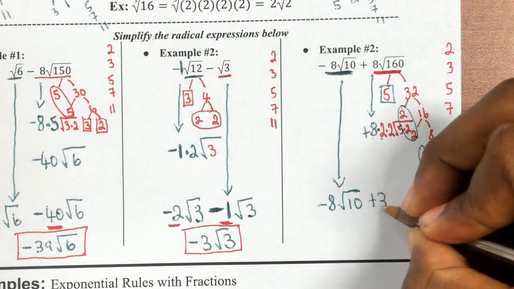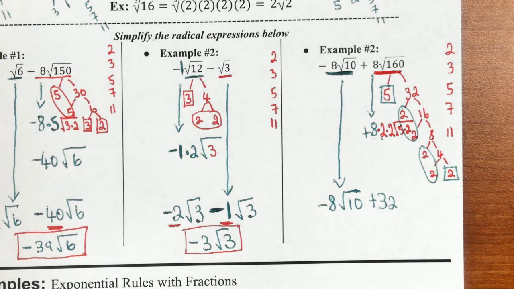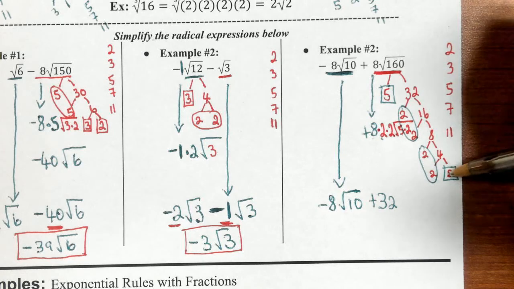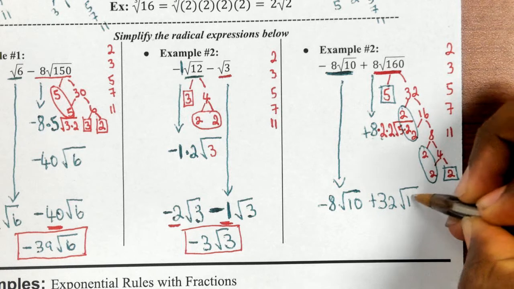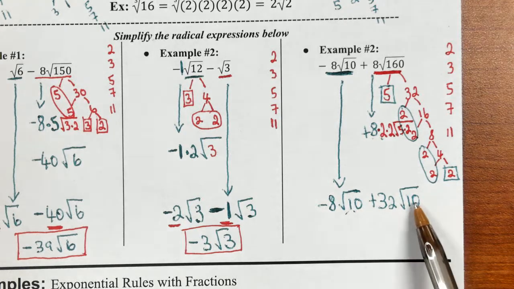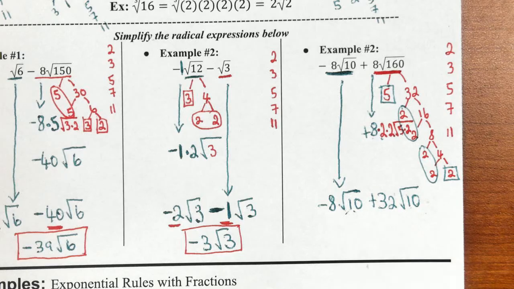Positive 32. When I multiply what's underneath the radical, I know you can't see that clearly, but what's underneath the radical will be the 5 and the 2. So 5 times 2 is square root of 10. And you see how I have a square root of 10 in both of them? That's what we should have. If you did not get the same number underneath the square root, that means something is wrong, okay?